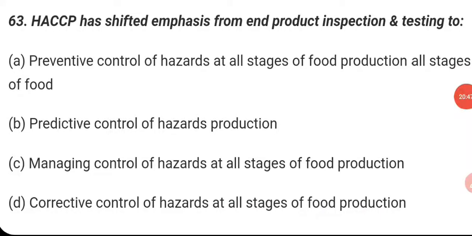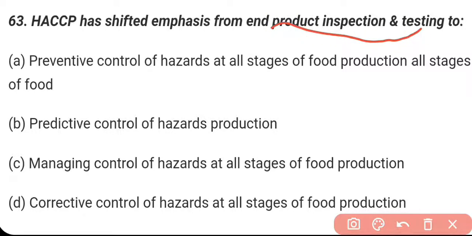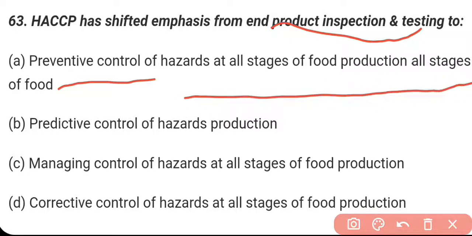Next, HACCP has shifted emphasis from end product inspection and testing to what? To preventive control of hazards at all stages of food production. So HACCP is for preventive control of hazards, not testing the end product after the product is produced.